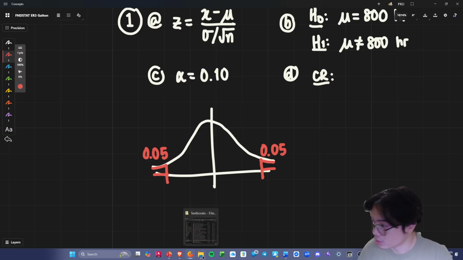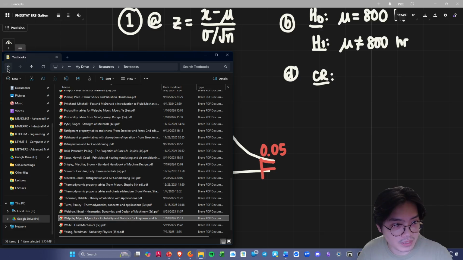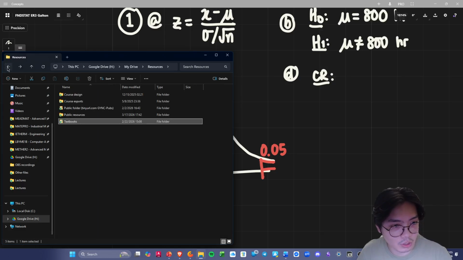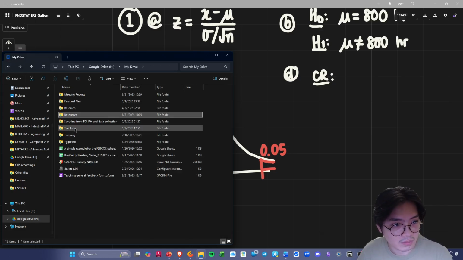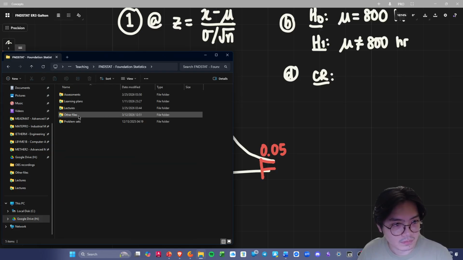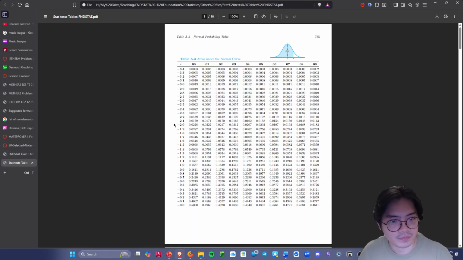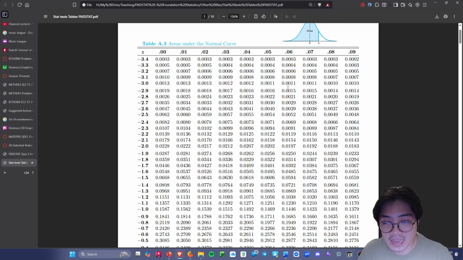I don't have my tables right here with me, so we'll just find 0.05. 0.05 is exactly in the middle here, between negative 1.64 and negative 1.65. So the middle of that will be negative 1.645.